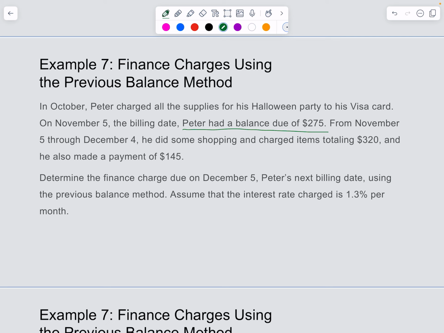And to determine our finance charge on December 5th, we use our simple interest formula for the time of 1 month, because we're going from November 5 to December 5, 1 month.